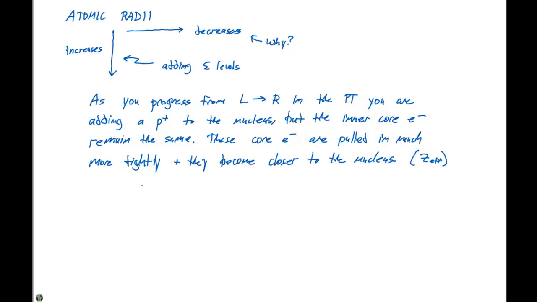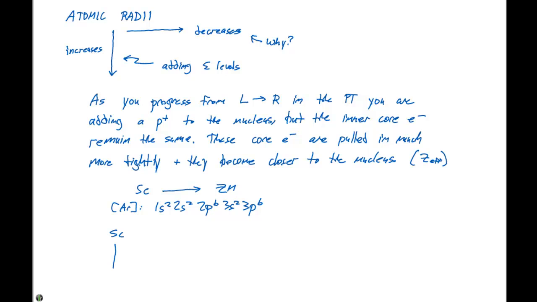So if we progress from, say, scandium to zinc in the periodic table, each of these has the argon noble gas core, which is 1s2, 2s2, 2p6, 3s2, 3p6.